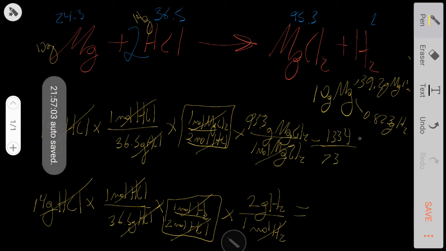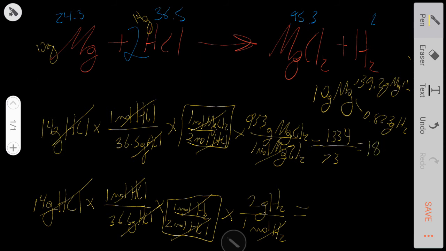And that gives me 18.28 grams of MgCl2. So right away, I can already see that 10 grams of magnesium gave me 39.2 grams of MgCl2, whereas 14 grams of HCl only was able to make 18.28 grams. So clearly this is less. This is making less. Hydrochloric acid is my limiting reagent.